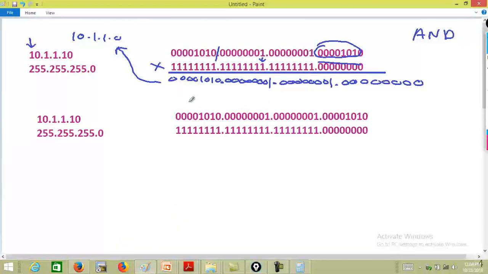If you count the number of bits here, you have 8, 8, 8, 8, so they are all 32. So the total number of IP addresses that you can use is 2 to the power 32, which will give you some 4.7 billion addresses.